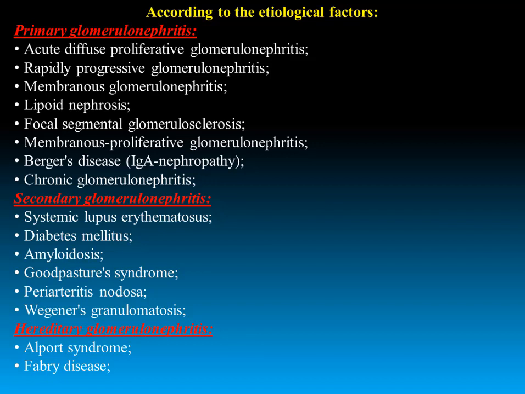Also, it can be found in endocrine pathology such as diabetes mellitus, or in amyloidosis. Hereditary glomerulonephritis includes two most important diseases, Alport syndrome and Fabry disease, and the hereditary variant develops due to congenital mutation of some genes in the genetic apparatus of the cell.